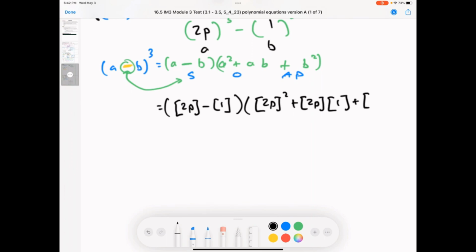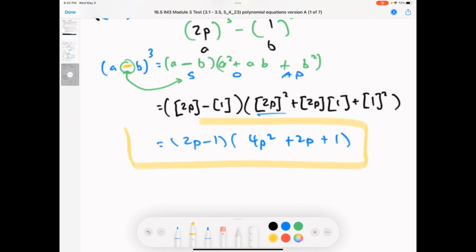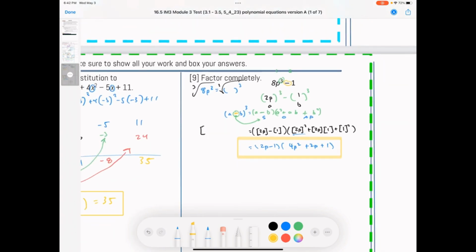B value is 1. 2p times 2p is 4p squared plus 2p plus 1. And that's our answer, factor completely. Remember the second term there? That is not factorable.